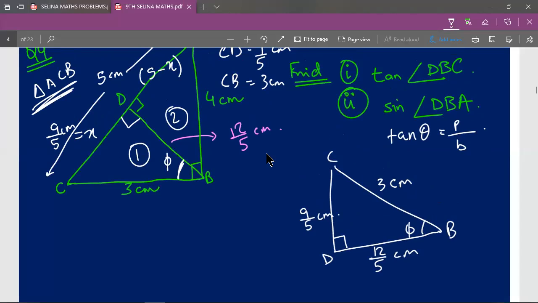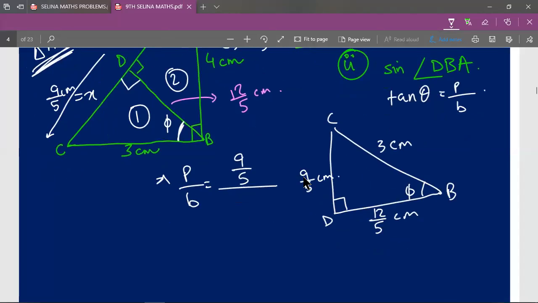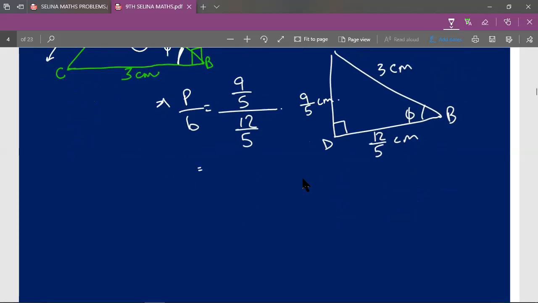So tan phi basically means that with respect to angle phi, tell us perpendicular upon base. So our perpendicular is 9 upon 5, divided by base, that is dB, which is 12 upon 5. By further simplifying it, 5 goes up and it becomes 9 into 5, and the 5 in the denominator comes down and it becomes 12 into 5.